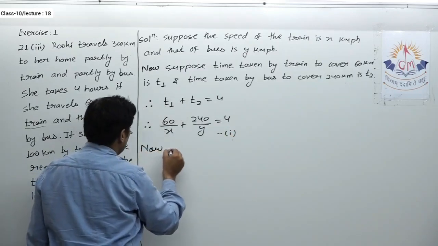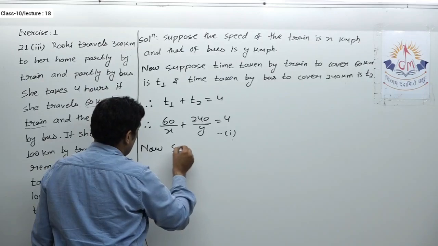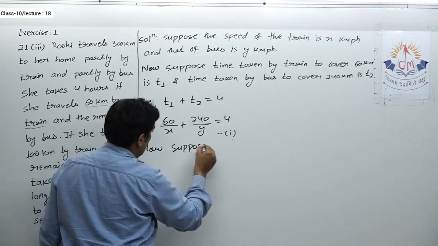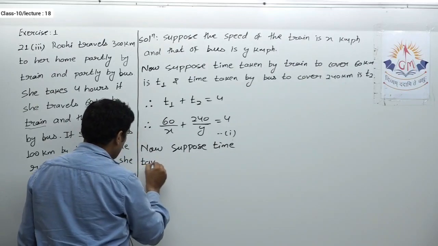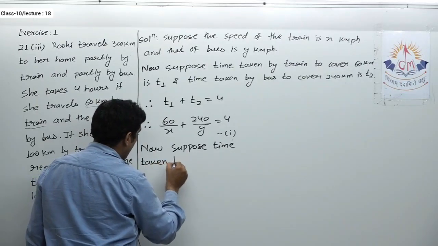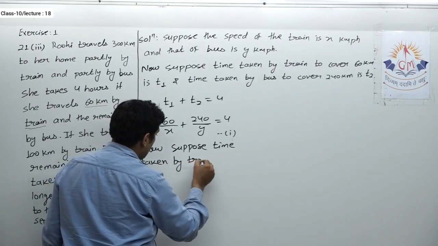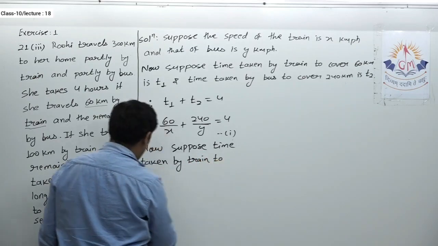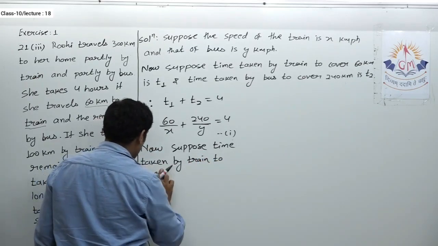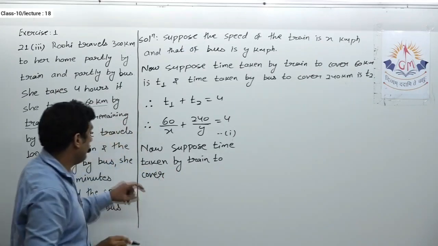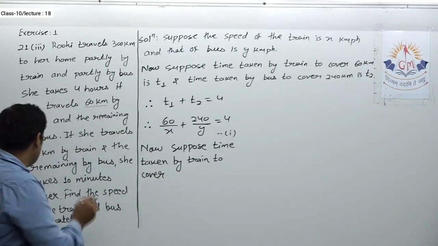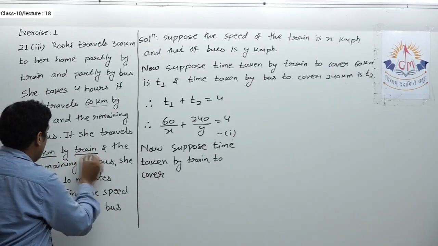Now suppose the time taken by train to cover, in the second case she is covering those 300 kilometers, in which 100 kilometers by train.